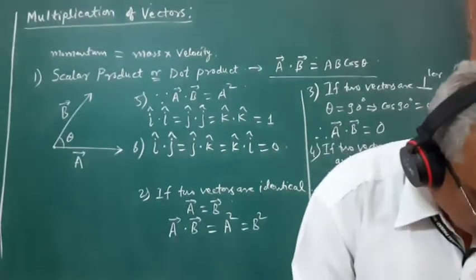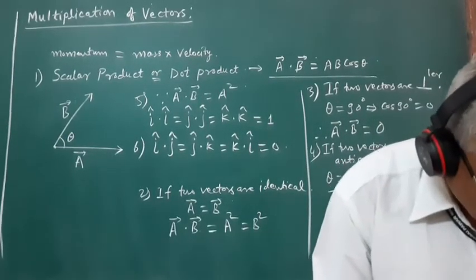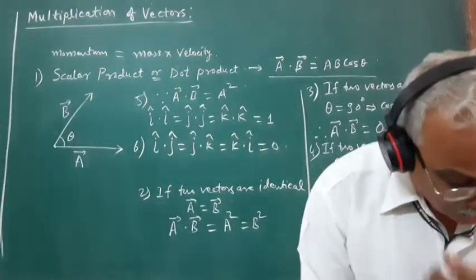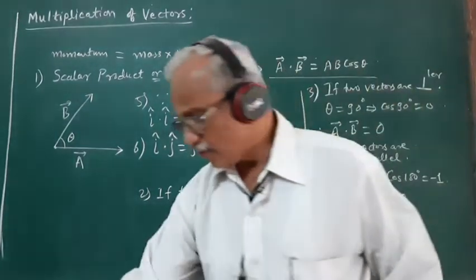Then we will see how to express the dot product, the scalar product of the two vectors, in terms of the magnitudes of their components.